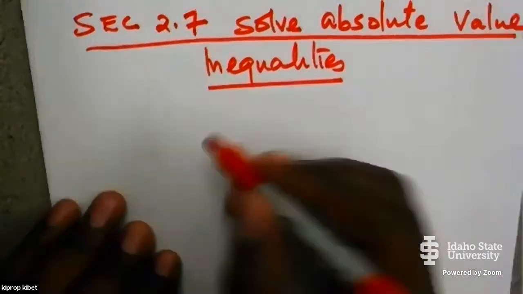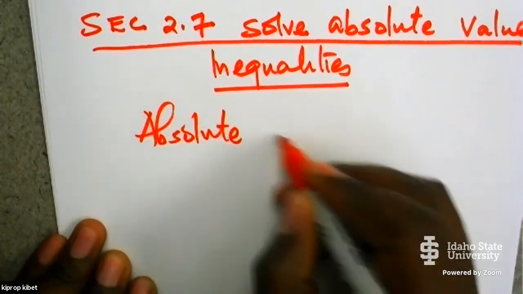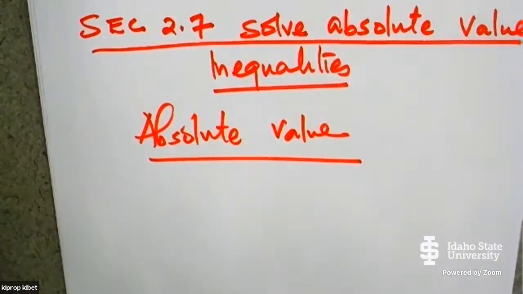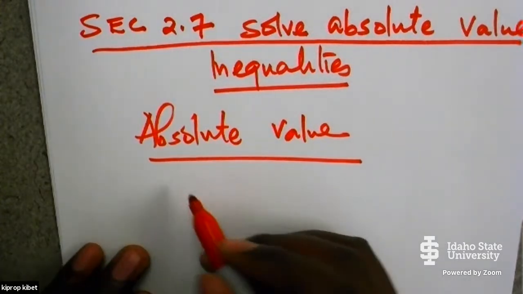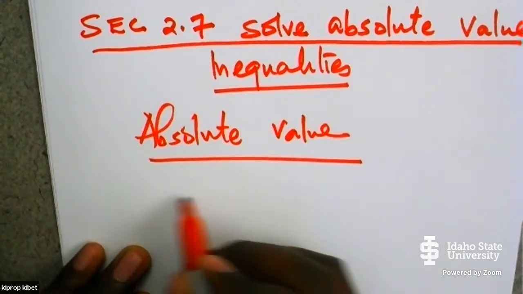Okay, so let's start from absolute value. What is an absolute value? So this is a distance from 0 on a number.